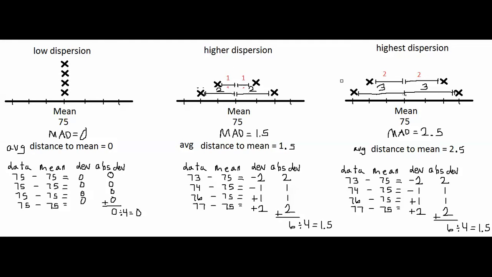So now the values in this data set are 72, 73, 77, and 78 up here.